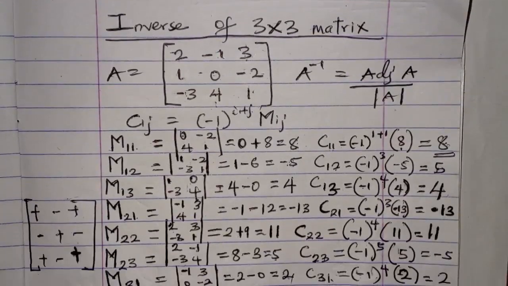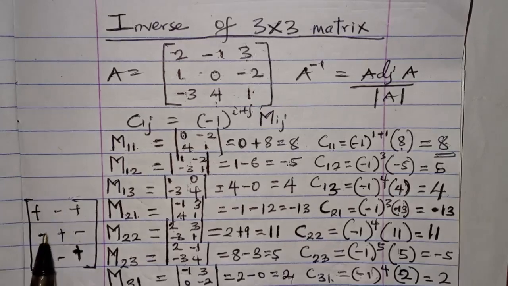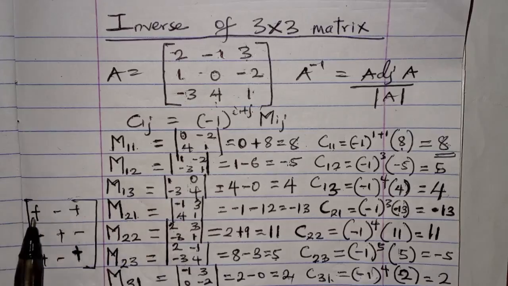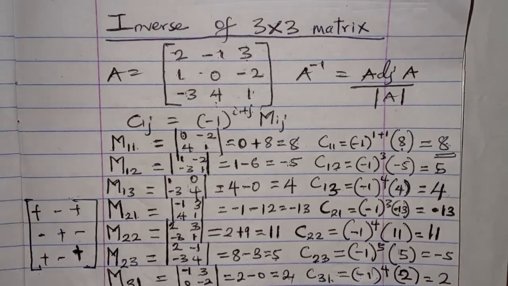There is actually a shortcut to determine the cofactor of an element. For every 3 by 3 matrix, we have the signs in this form: plus, minus, plus, minus, plus, minus, plus, minus, plus. The signs alternate, starting from the first one, which is positive.